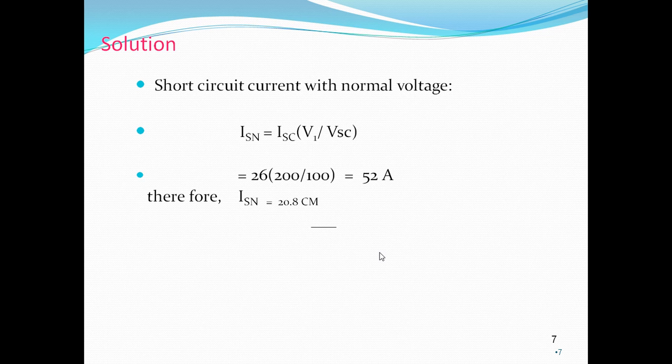Now divide 52 by the current scale, which is 2.5. So 52 by 2.5 gives 20.8 centimeters.